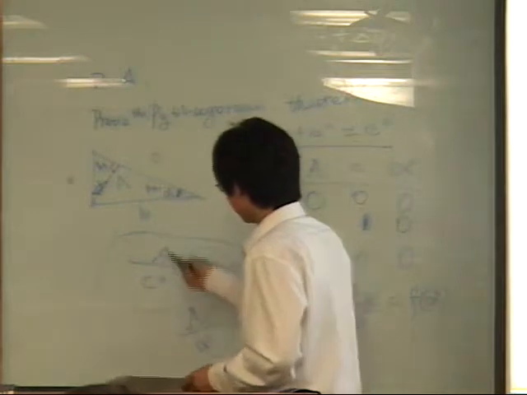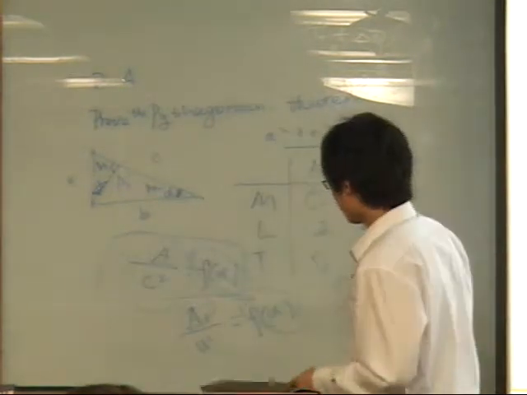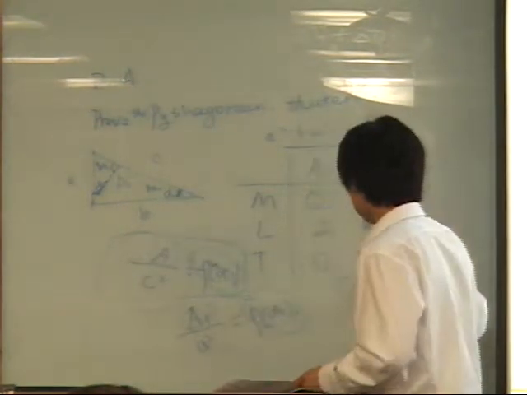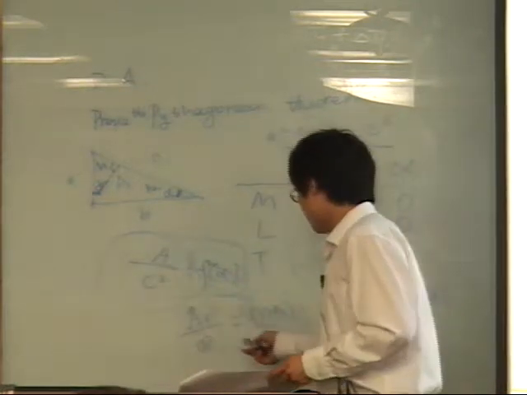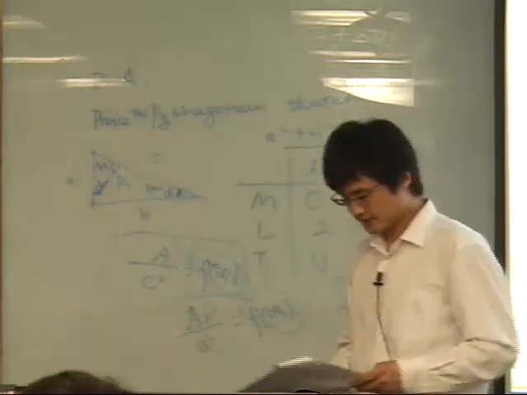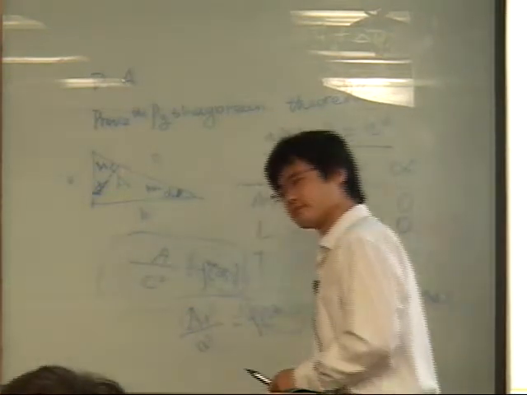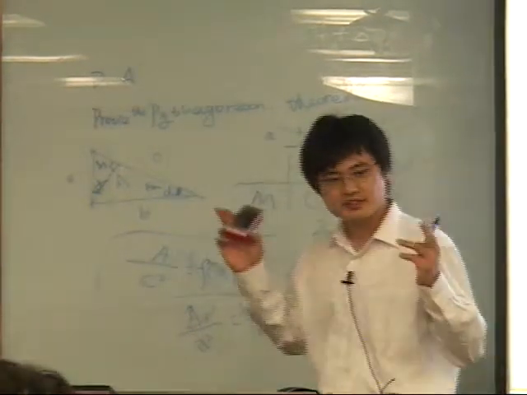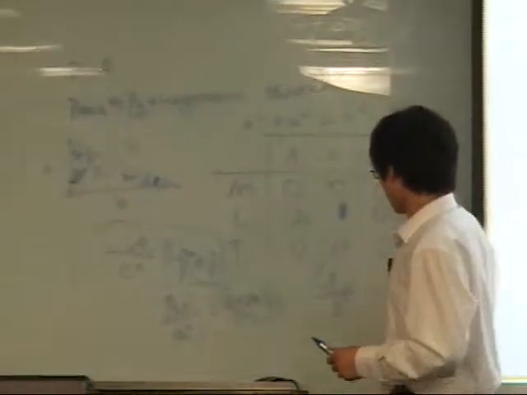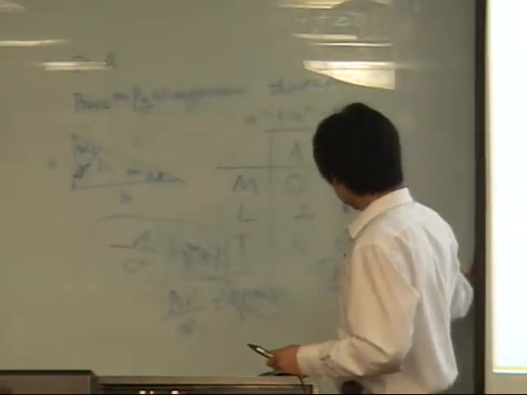A1 plus A2 equals A, so this is the same: C squared equals A squared plus B squared. This is a very intriguing example. I like it very much.